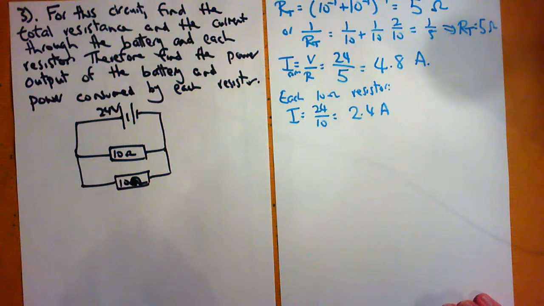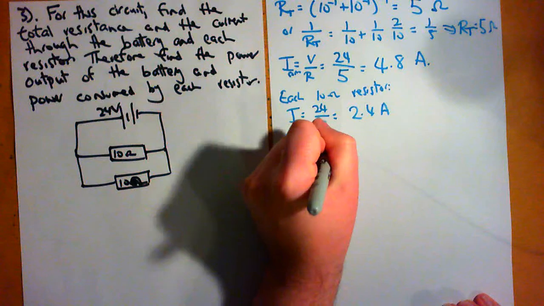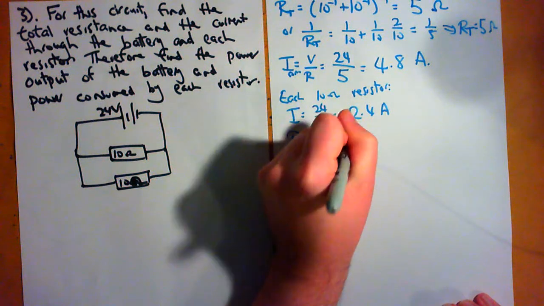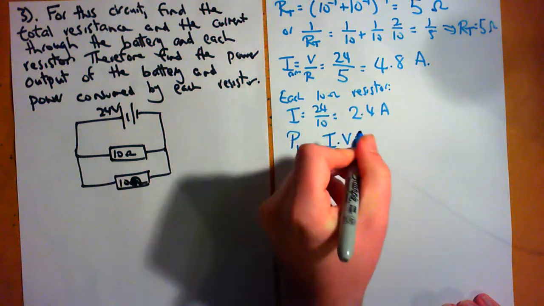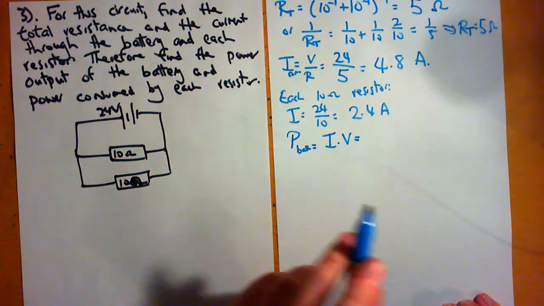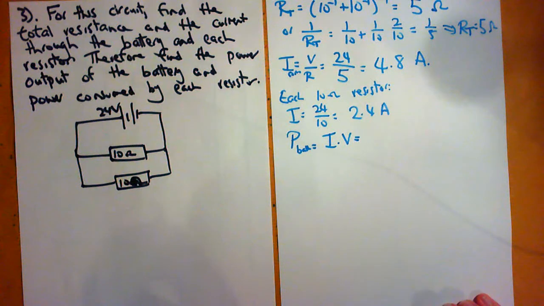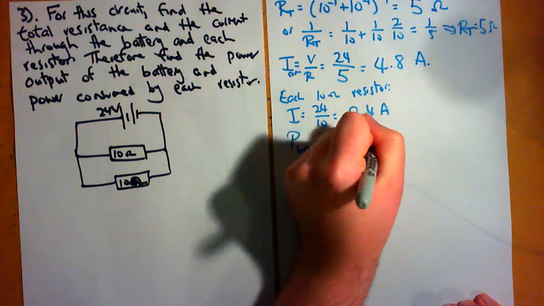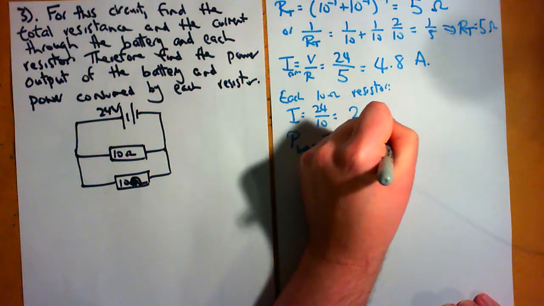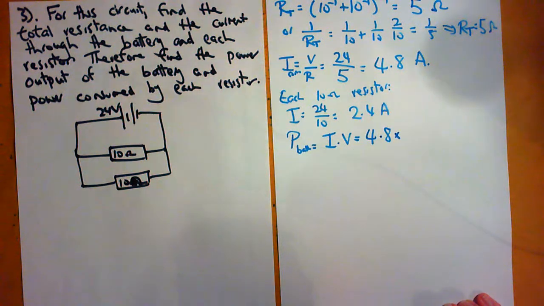Find the power output of the battery. So power of the battery is going to be I times V. Now the I is the current we're looking at through the battery, so we're dealing with the common part of the current, which is 4.8, and we're multiplying that by 24.